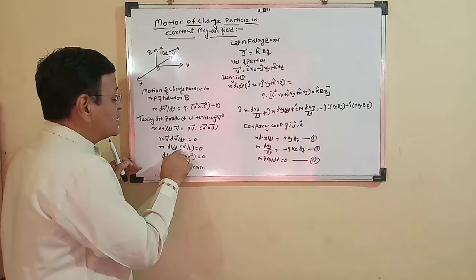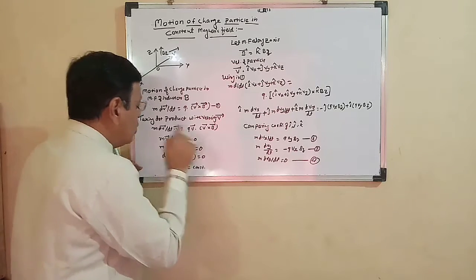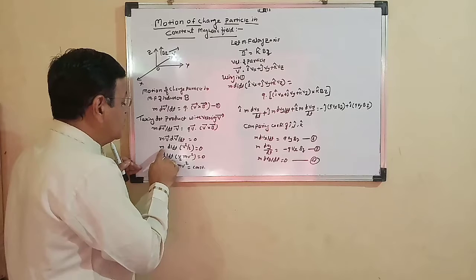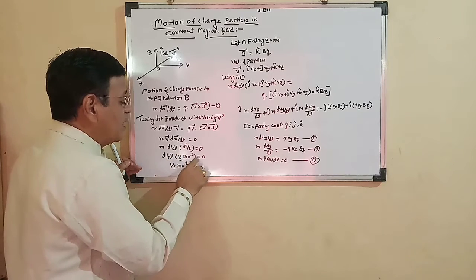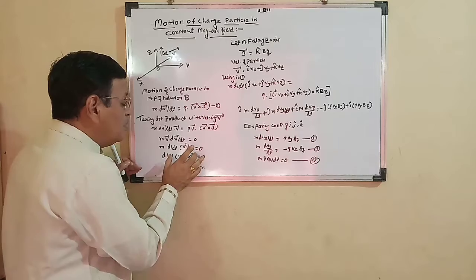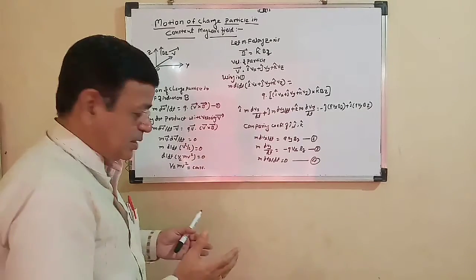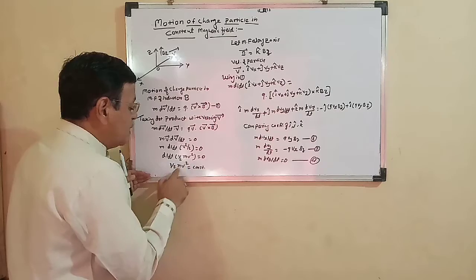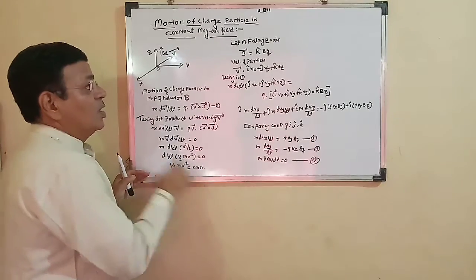We write m into d by dt of v square by 2 is equal to 0. We take this m within the bracket, so d by dt of 1/2 m v square is equal to 0. The derivative of a constant is 0, we know this very well. Therefore 1/2 m v square is nothing but a constant.